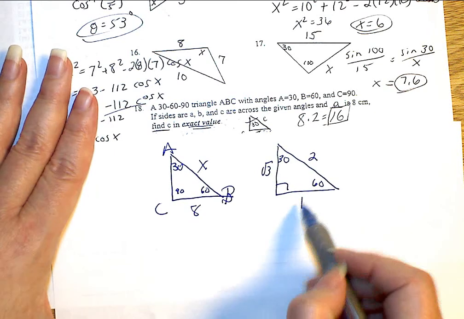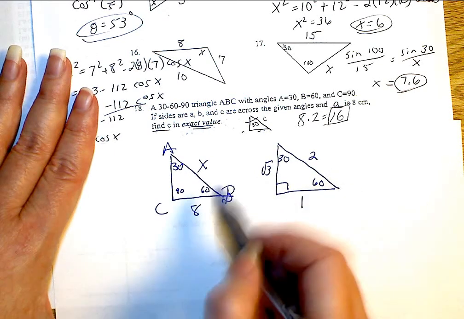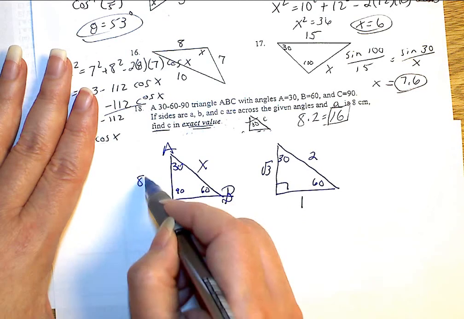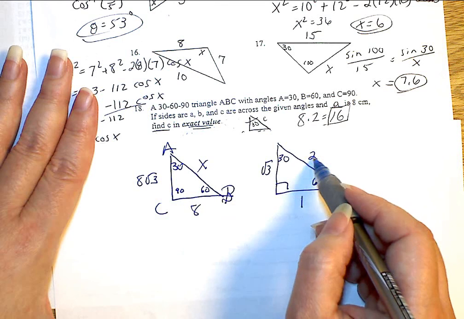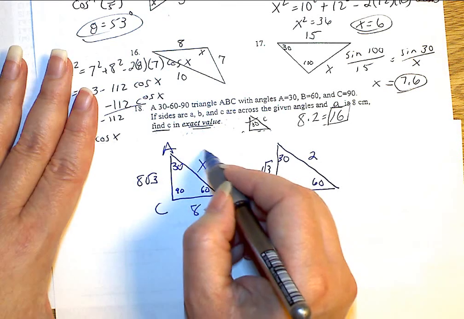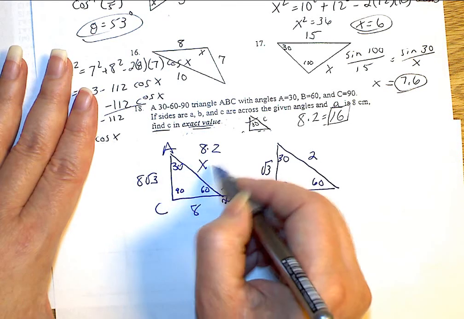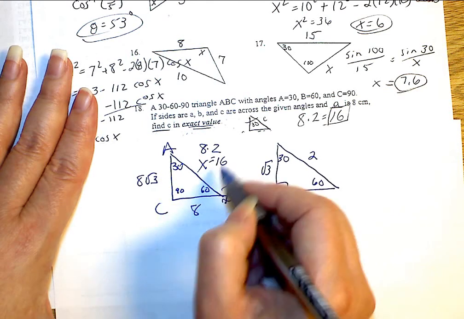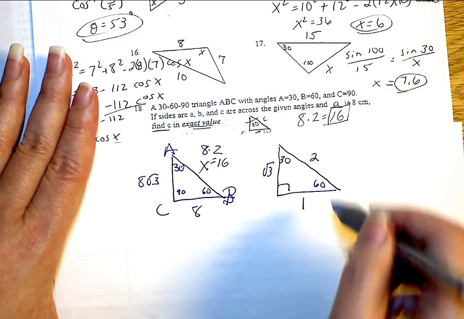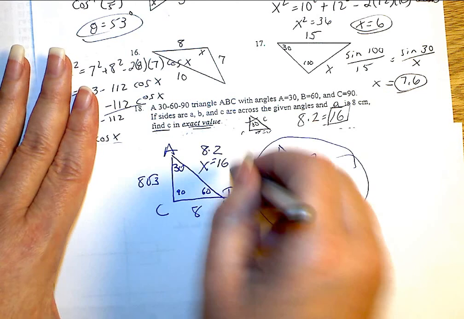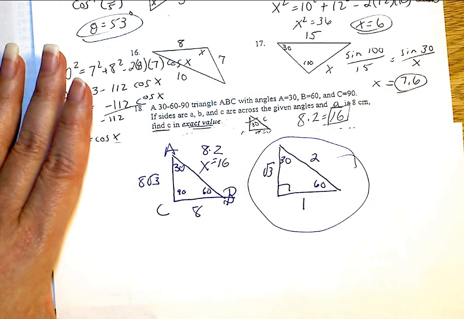So you must multiply everything by 8. So this side is 8 square roots of 3. This side is 8 times 2, so it would be 16. So you always start with this, and you're trying to blow it up to that.